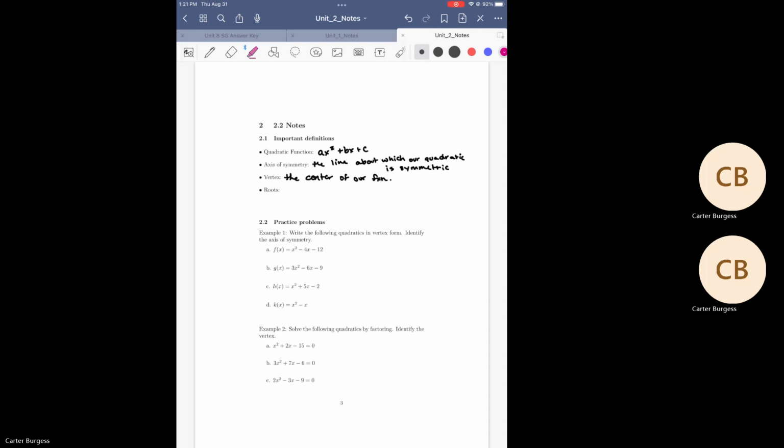Okay, let's see this in action. We are given a bunch of functions in our useless form. Our goal is going to be to write them in our useful form, write them in our vertex form here. So technically we need the value of a, but we're just going to be given that instantly, so that's fine.